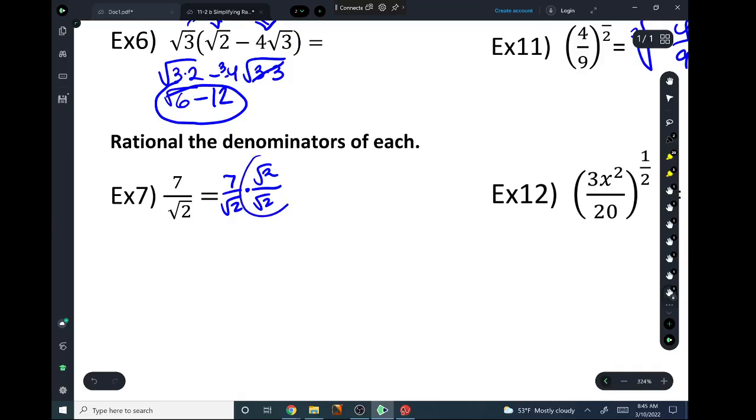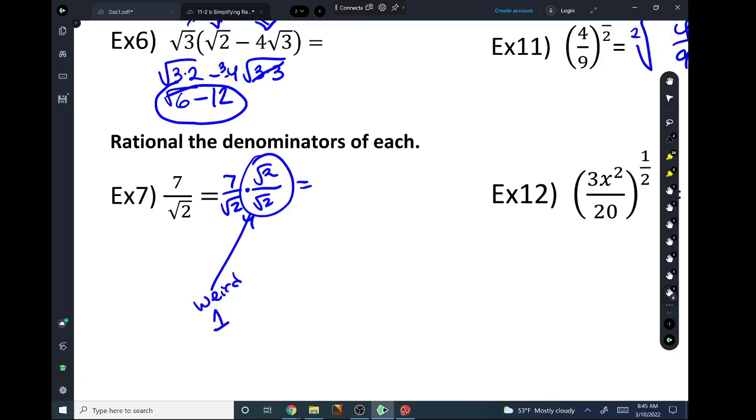And in our notes, let's write this. This is a weird one, right? I'm going to write this out, but you don't have to write all this out each time. Just see it the first time. 7 times root 2 makes what? 7 root 2 over root 2 times 2.